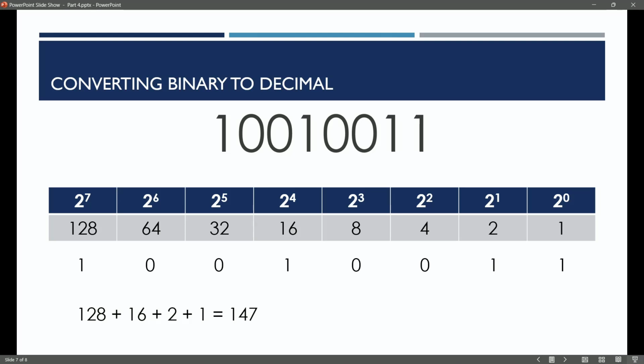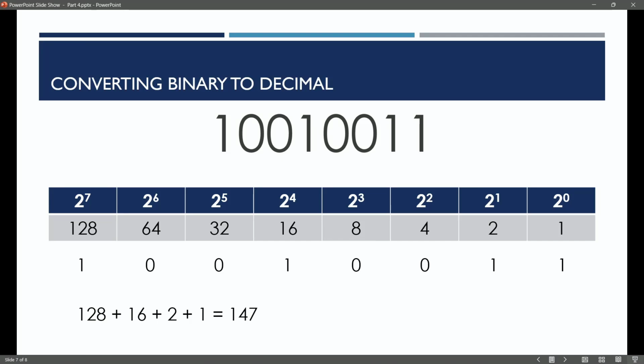What is 128 plus 16 plus 2 plus 1? That equals 147. So 10010011 in decimal is 147. So with any IP address you see now, you can practice converting it into binary, or any binary you see, you can convert back to decimal with ease.